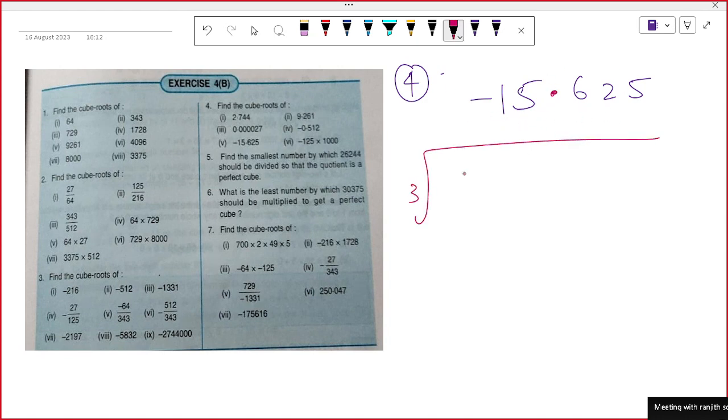You have to find the cube root of minus 15625 divided by 1000. Any decimal question, remove the decimal, divide it by hundred, thousand, or 10,000, and solve it.